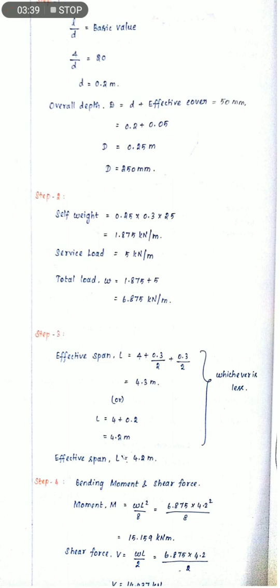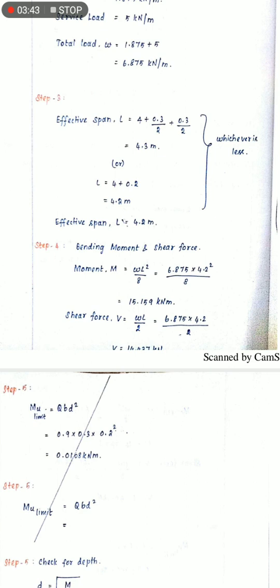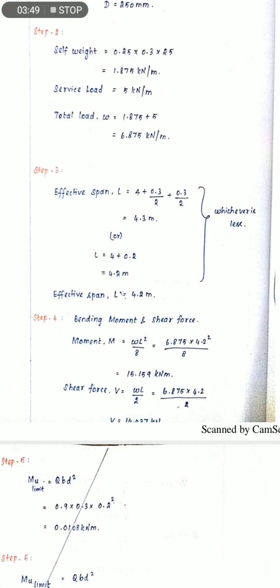Third step is to find the effective span of the beam. Effective span is the clear span plus effective depth, or the center to center distance of supports. We can take the least of both values according to IS 456.